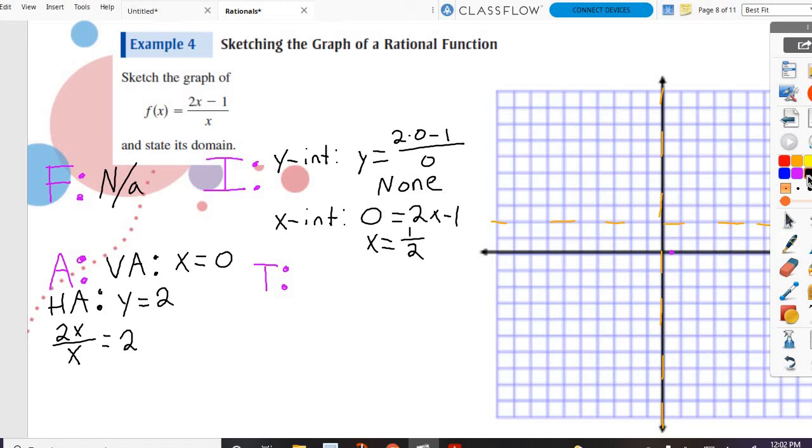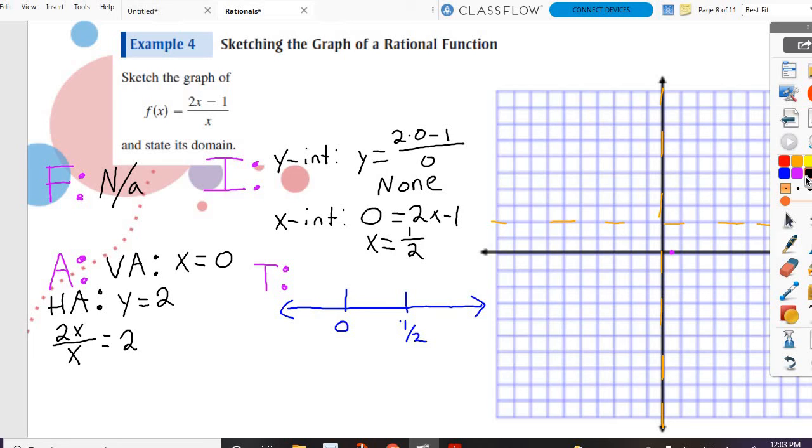We're going to draw a number line, and we need to put in, remember last time they were called critical numbers, this time it's just anything that crosses or is on our x-axis. So we have a vertical asymptote at 0, and then we have an intercept at 1/2. So those are the two numbers that I have on my number line, which is our x-axis.